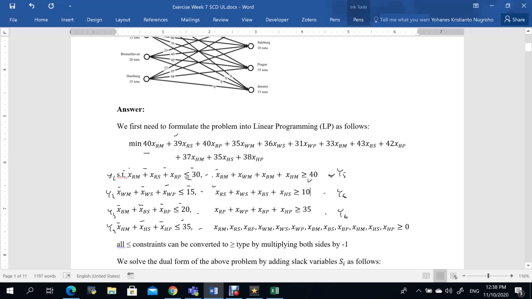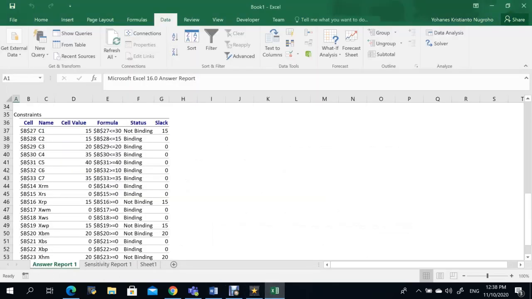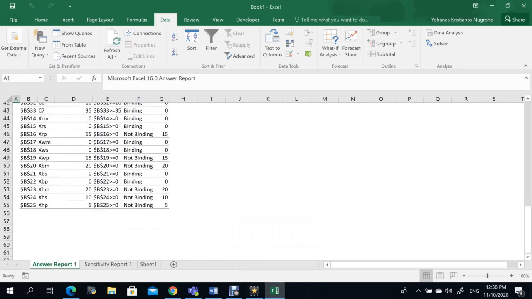There must be at least higher or equal to 0 slack variables, and therefore it is called non-binding constraint, right? And for binding, it means that there is no slack variable because the slack variable equals 0.